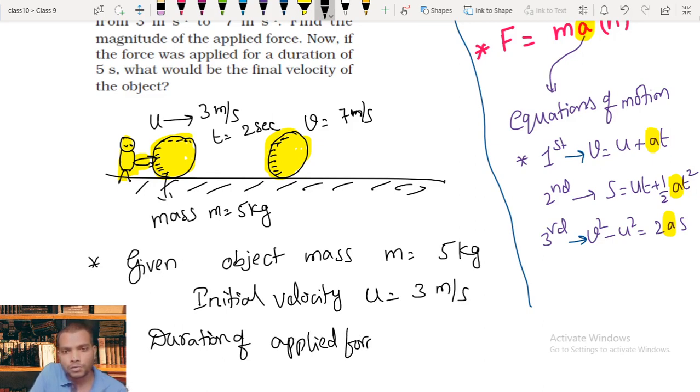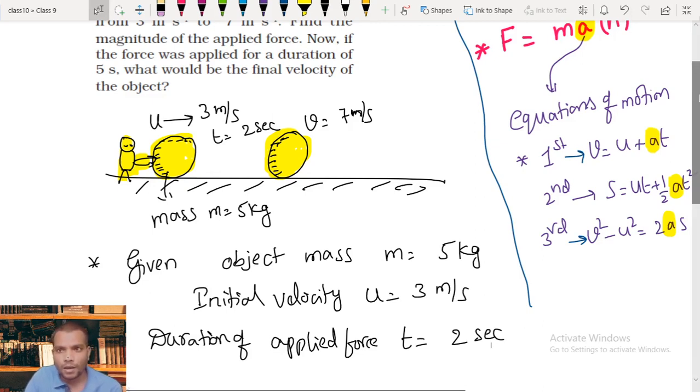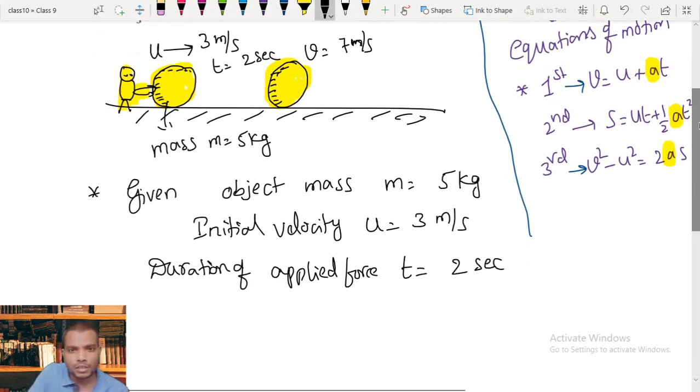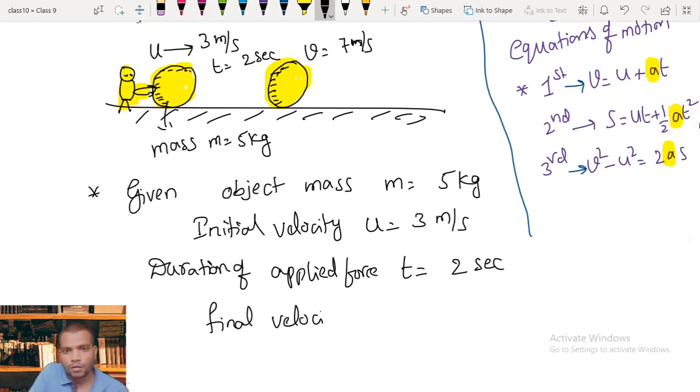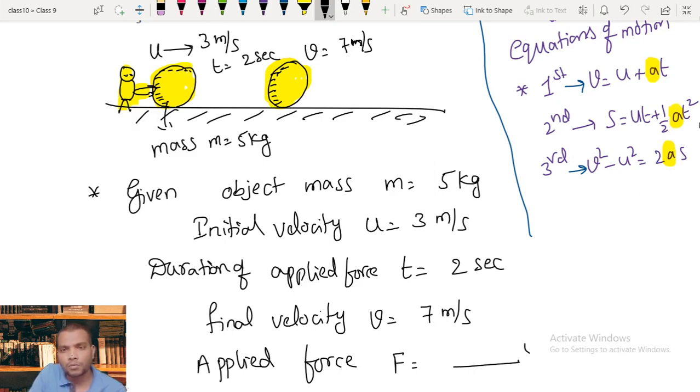Duration means time. Time is given as 2 seconds, and final velocity v equals 7 meter per second. Now what we need to calculate is the applied force. Applied force F equals how much?